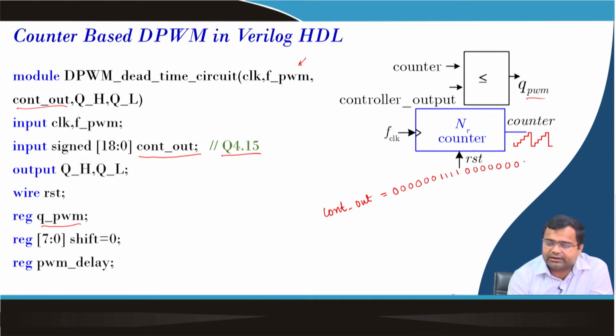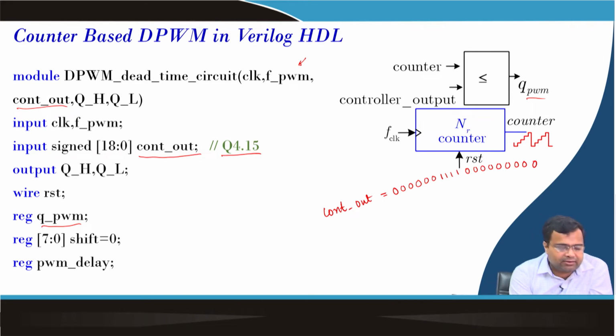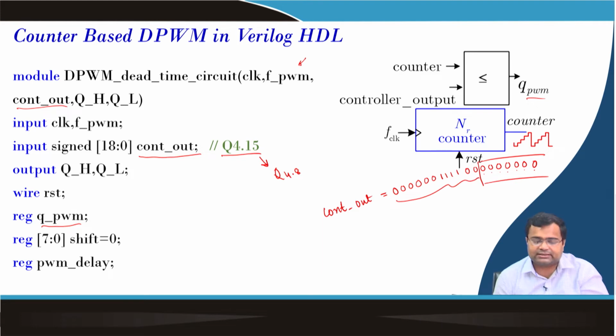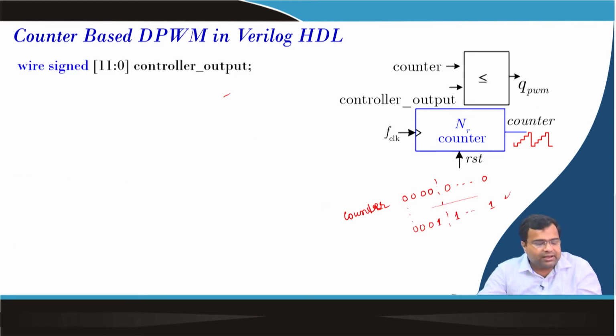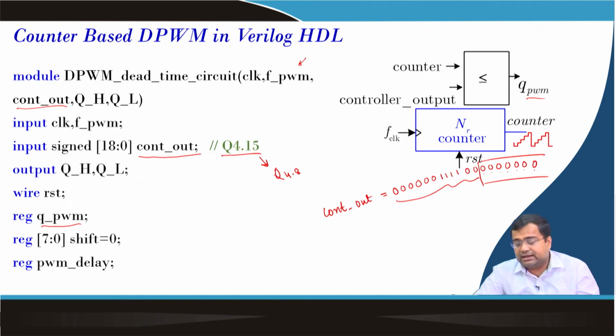This is just a number we are taking, and it will give the duty ratio. When we resize, we are discarding 7 bits to convert this into Q4.8. So, 1, 2, 3, 4, 5, 6, 7 bits are discarded, and when resized, the data will look like this. We have discussed the cont output and how much we are going to take, so let us go to our simulation.